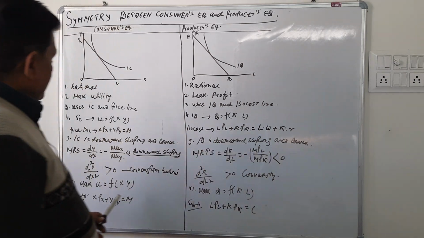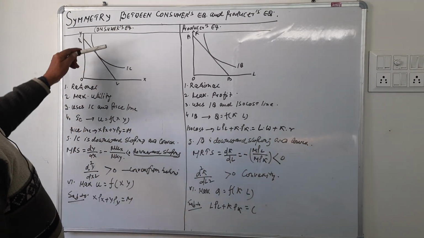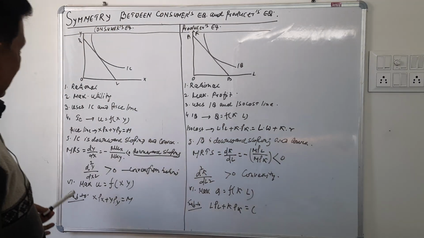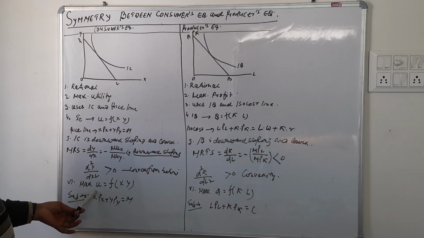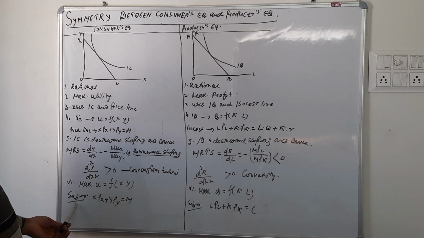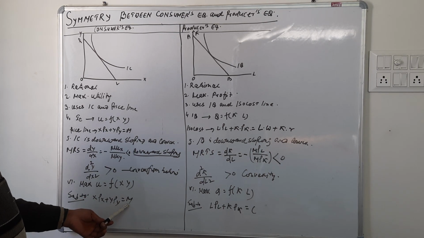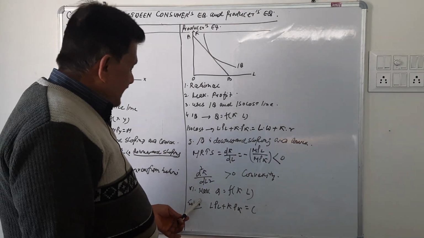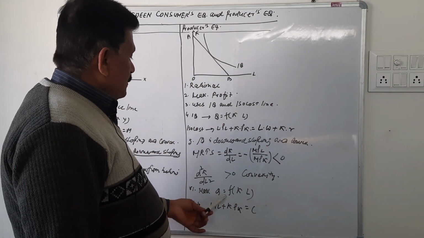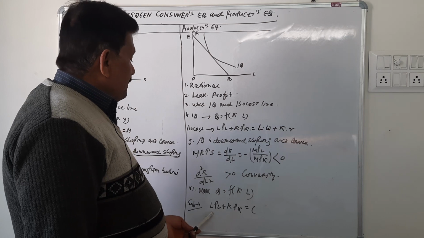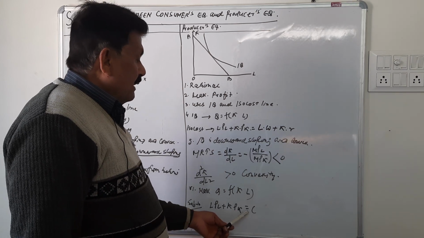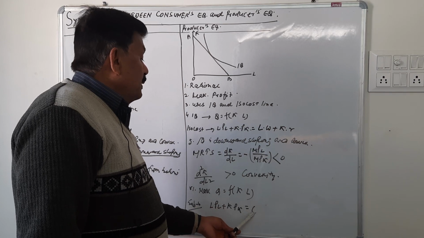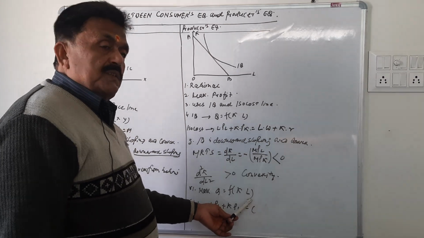Now the mathematical model for the maximization of utility and the maximization of profit is written as: maximize U(X, Y) subject to X·PX plus Y·PY equals M. And here we express the function as maximize Q(K, L) subject to L·PL plus K·PK equals C. This is the cost, or the amount to be invested by the producer on the production of the goods.